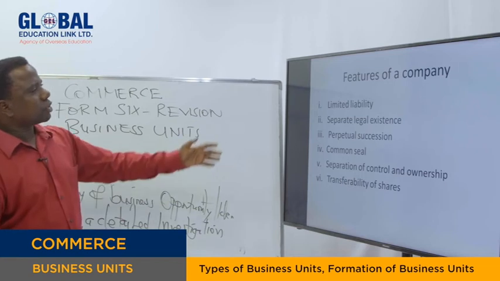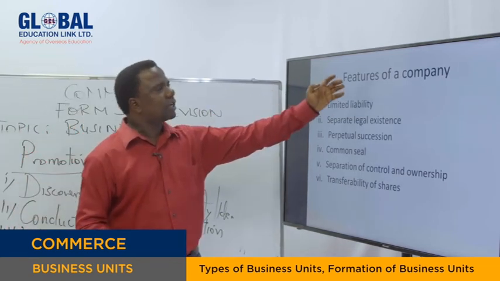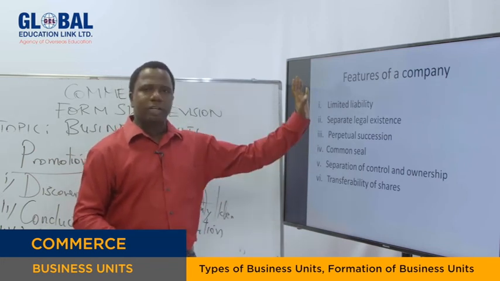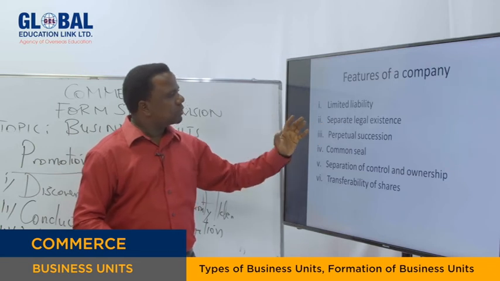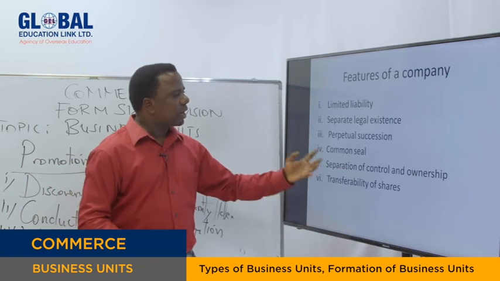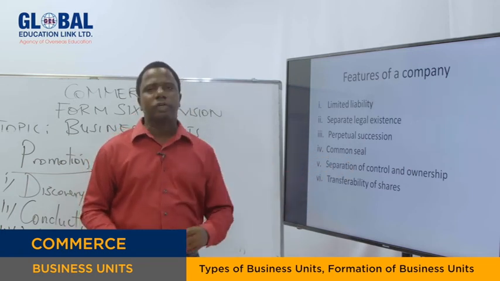Another part to remind you in this session is the features of a company. These are the basic features of a company: limited liability, separate legal existence, perpetual succession, common seal, separation of control and ownership, and transferability of shares.